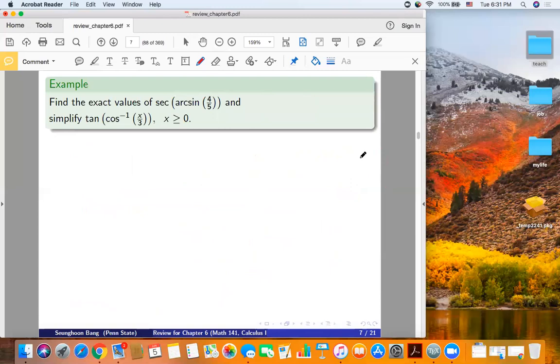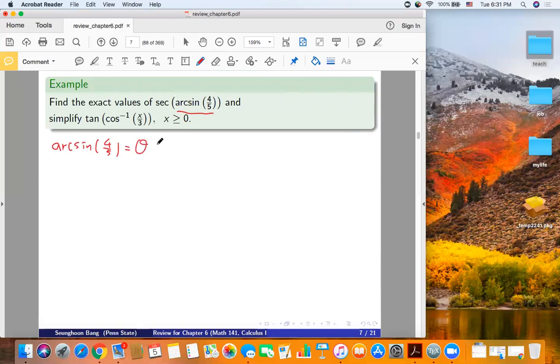Okay, this is this kind of problem. The next one: we think about the exact value of secant of arcsine 4/5. How can you find this kind of problem? Step one, you have to write arcsine of 4/5, which we don't know, is theta.